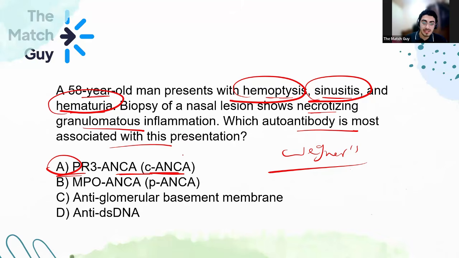And again, guys, C-ANCA is autoantibody against which cells? The same. So neutrophils. Okay, so C-ANCA, P-ANCA, I don't care. Both of them are anti-neutrophil cytoplasmic antibodies directed against the neutrophils.